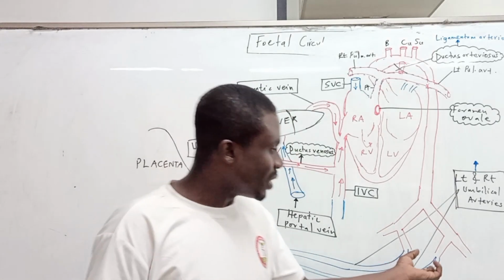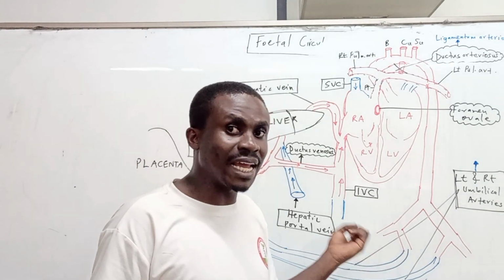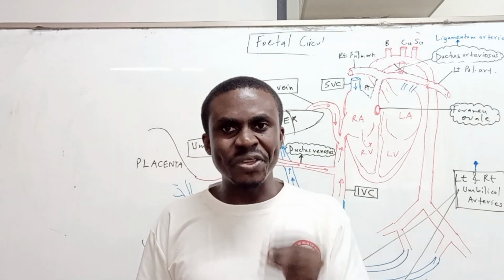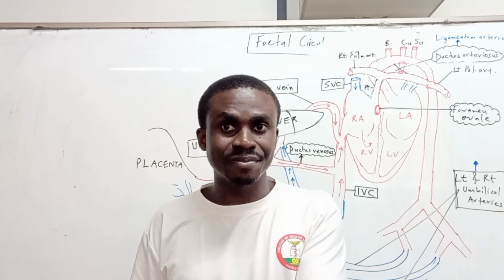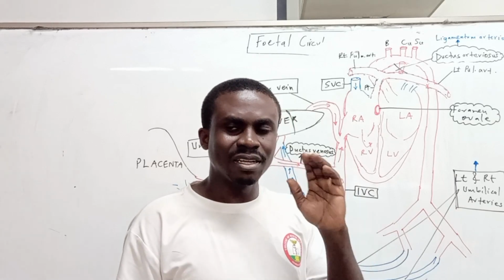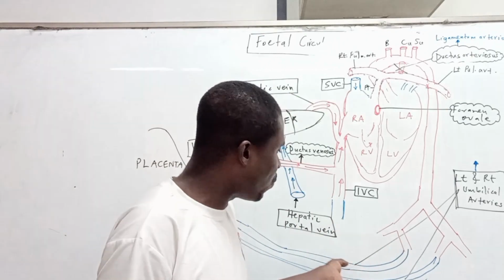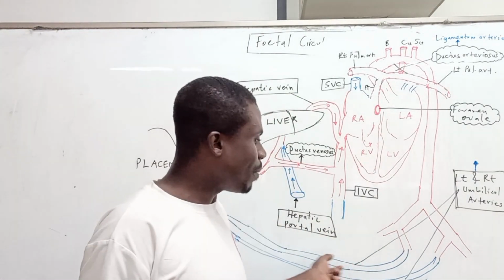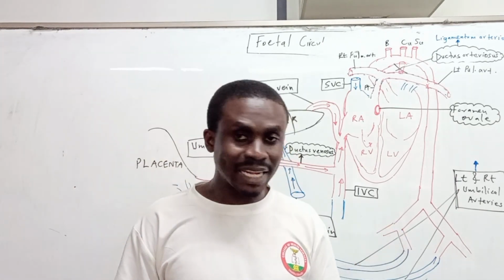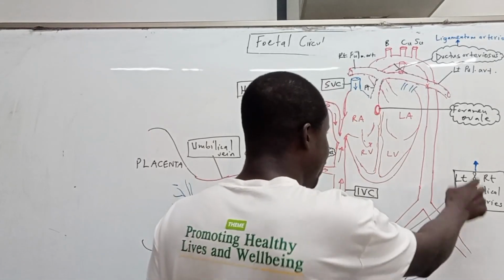The proximal portion of the left and right umbilical arteries will give rise to the left and right superior vesical arteries. The medial umbilical ligaments will arise from the distal portions of the left and right umbilical arteries.